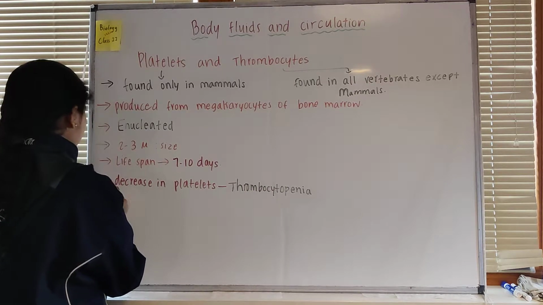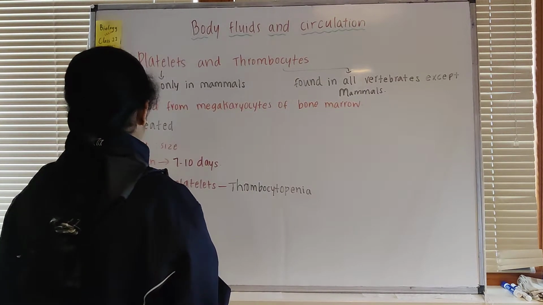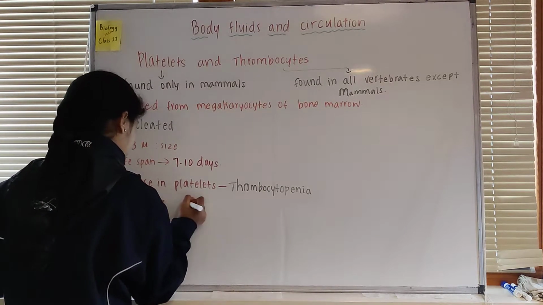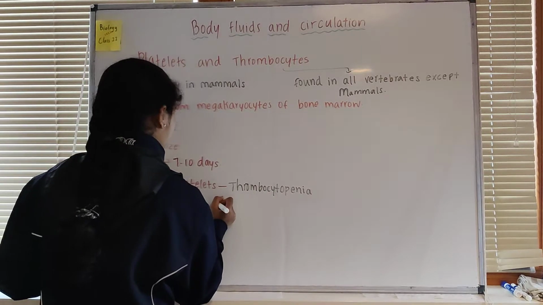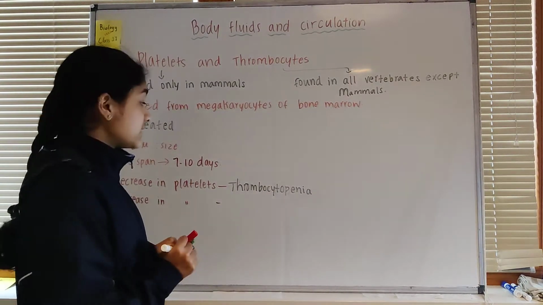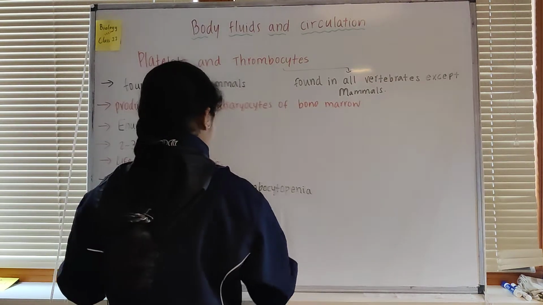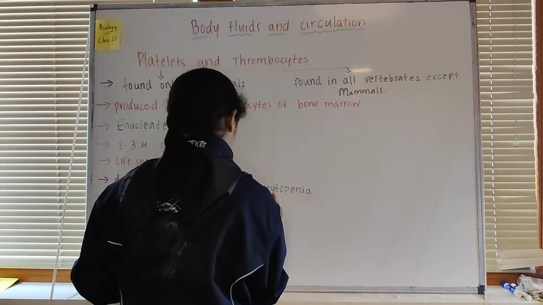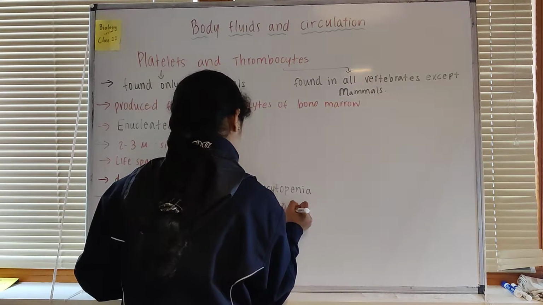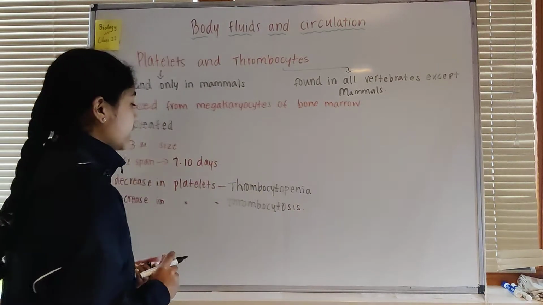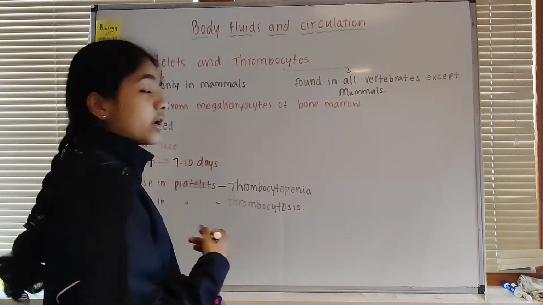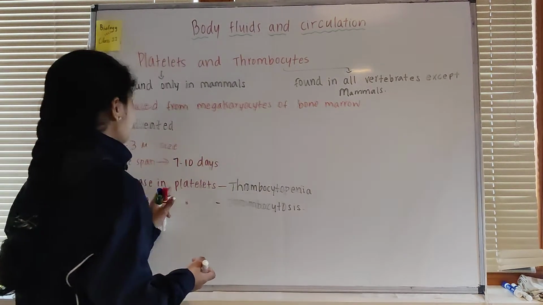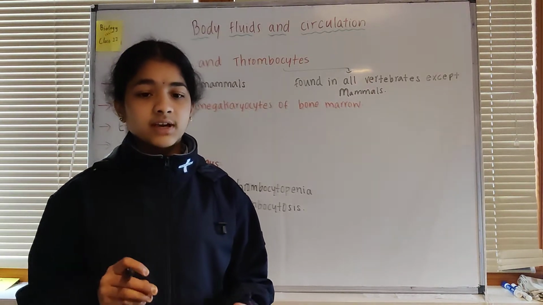An increase in the number of platelets is known as thrombocytosis. Cytosis means more and more are being formed. Increase in platelets is thrombocytosis, and decrease in the number of platelets is thrombocytopenia.